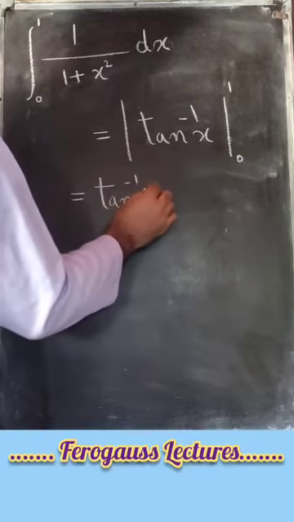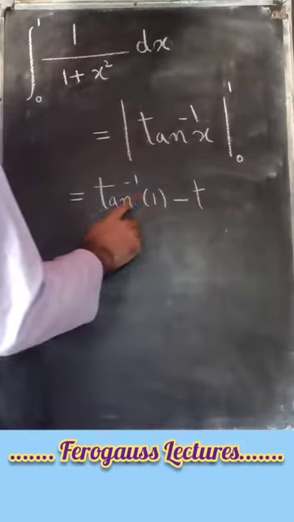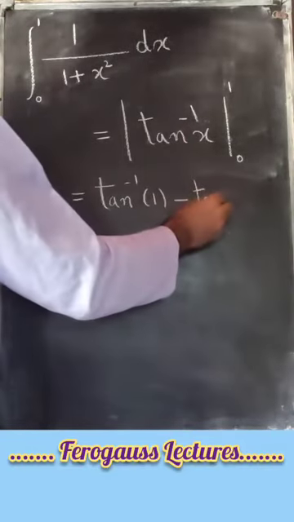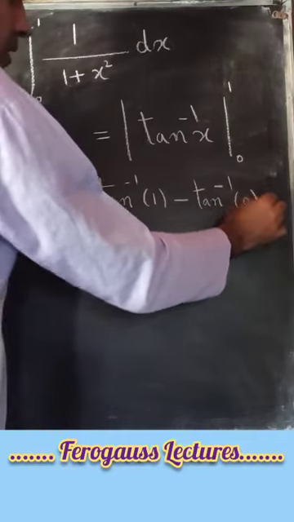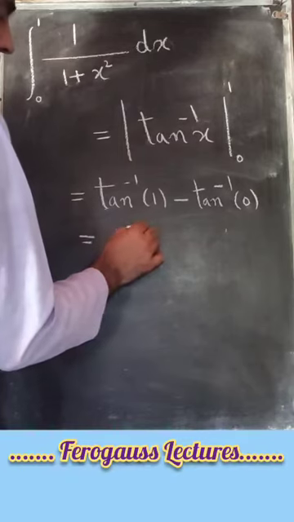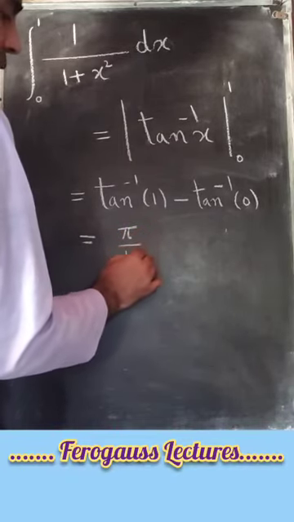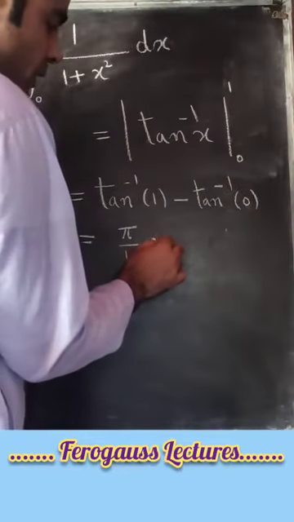That is equal to tan inverse 1, that's the upper limit, minus tan inverse 0, that's the lower limit. And we know that tan inverse 1 is equal to pi by 4, because tan of 45 degrees, or tan of pi by 4, is equal to 1.